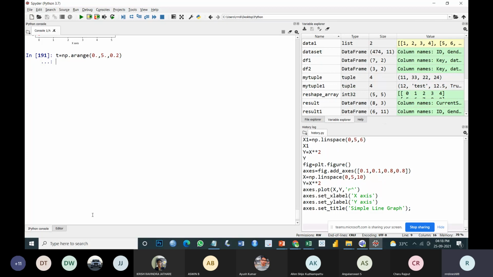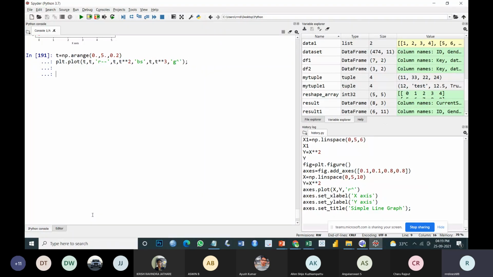Then plt dot plot of t comma t comma r double dash, t comma t to the square comma bs, blue square, t comma t to the cube comma g, green pyramid shape.